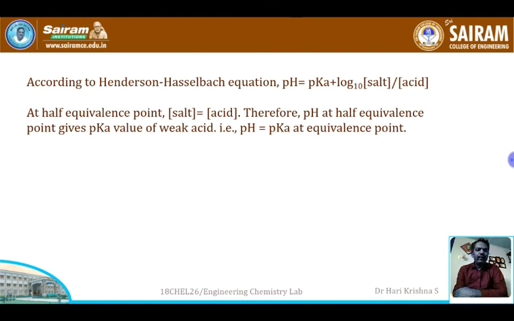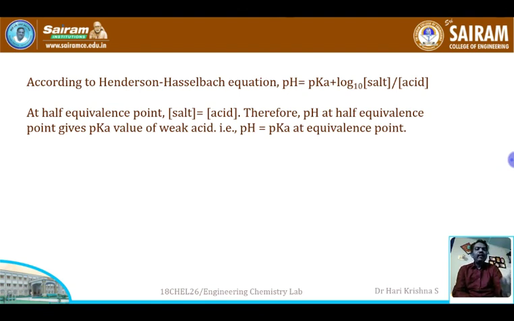At the equivalence point, the entire acid will be converted to salt and water. Before the equivalence point, there will be some amount of acid which is not converted to salt and water. Exactly at the half equivalence point, half of the acid will be converted to salt and water; that is, the reaction is half complete.